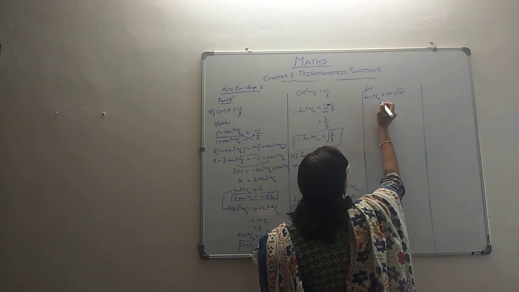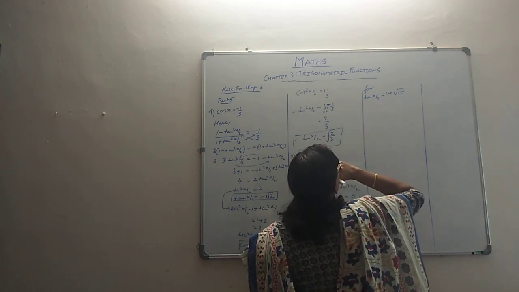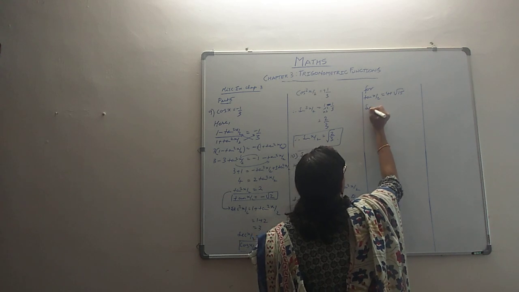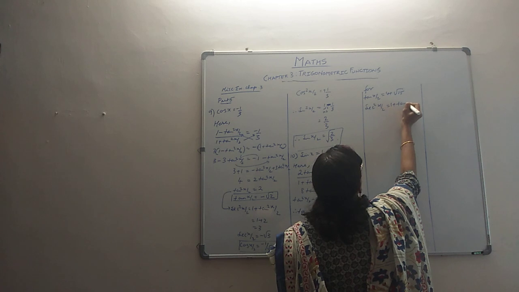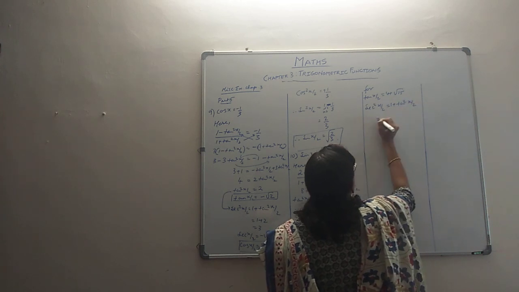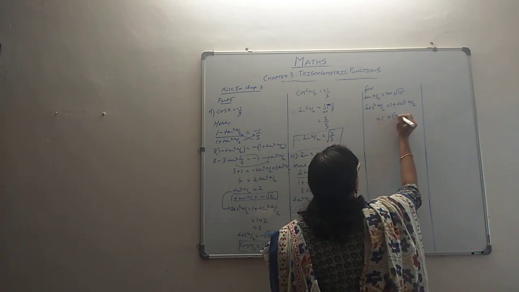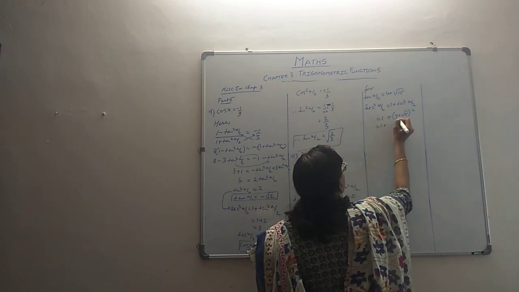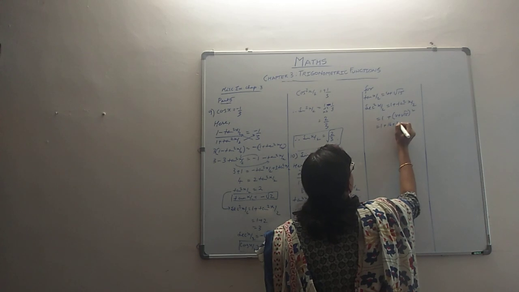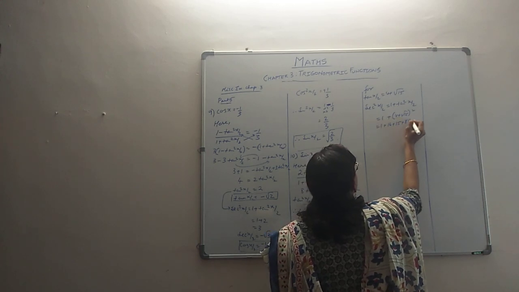Tan(x/2) is given, and you have to find out the cos(x/2) value. We know that sec squared(x/2) is 1 plus tan squared(x/2), and in this case 1 plus 4 plus root 15 the whole squared. What will it come to? 4 squared 16, root 15 squared 15, 8 root 15.